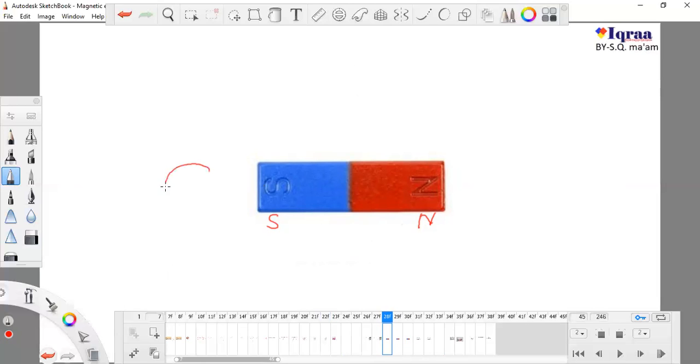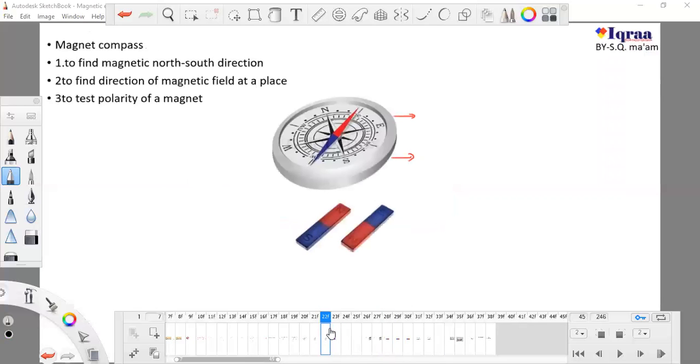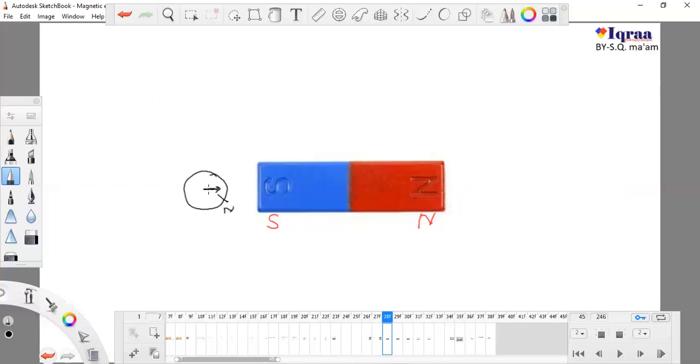So one thing is very clear to me, that when I put the compass here, this compass will show this pole, which is north pole, and the needle of the compass will move here. This is north pole, and the needle will show here, the north pole will show this side.